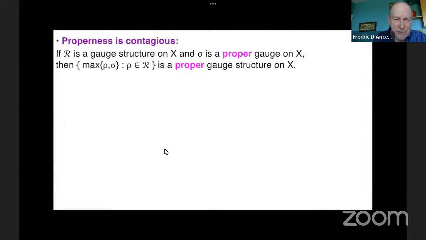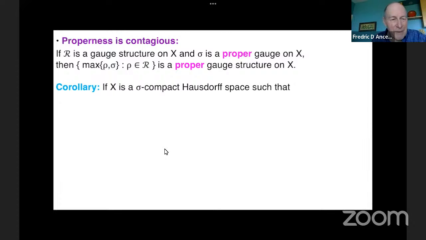Suppose I have a gauge structure and I have a single infinite proper gauge. Well, then if I replace the gauge structure R by the maximum, all the gauges of the form max R sigma, where sigma is proper, that's also a proper gauge structure. So I can assume everything is proper. If one gauge is proper, I can make all of them proper. So this is a kind of helpful observation.